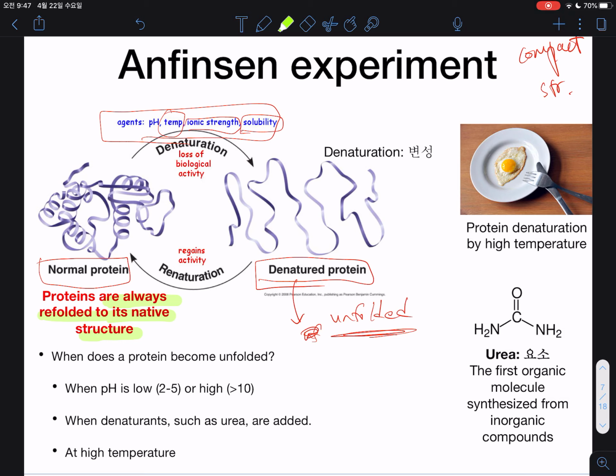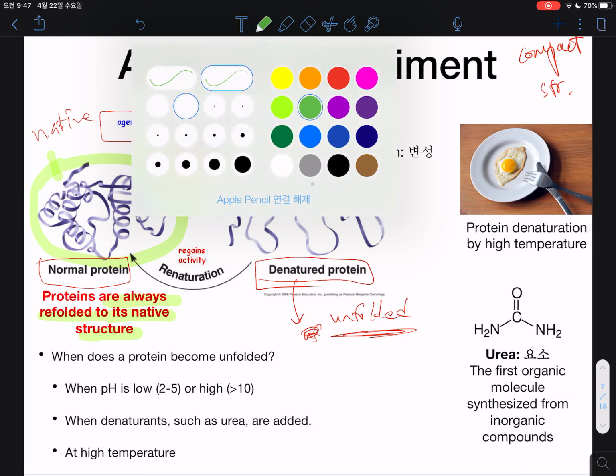Anfinsen did this several times, and they always refold. They start from the stable folded structure, the native structure, where they stay in this structure at their stable temperature and stable conditions.